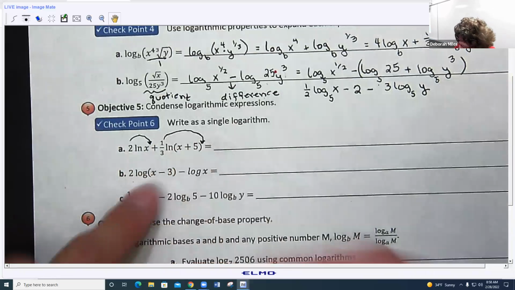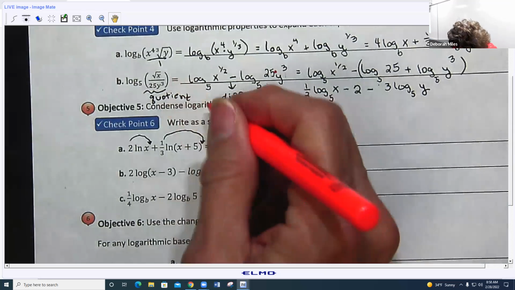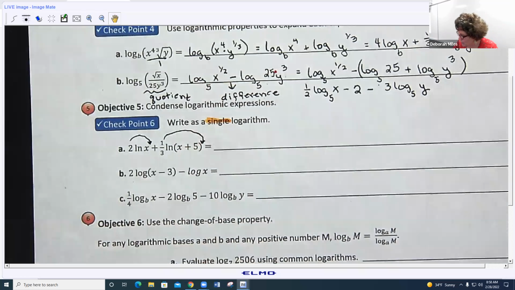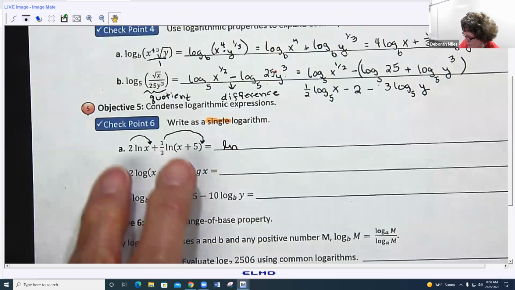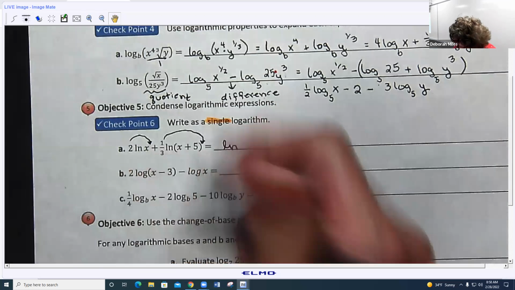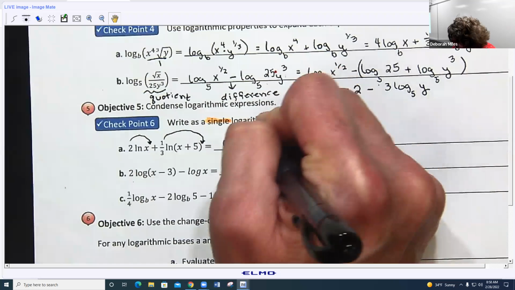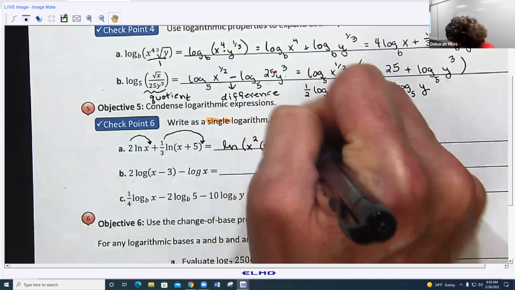Notice this says single log. When I put logarithms back together, I only have one logarithm, and this will be log of a product. The product will be x squared times x plus 5 to the 1/3.